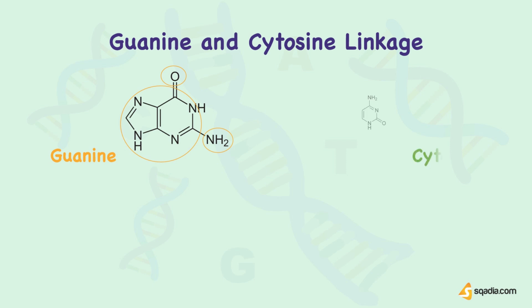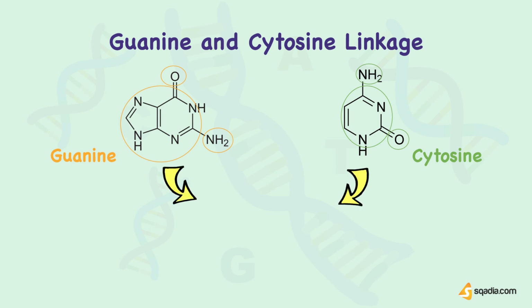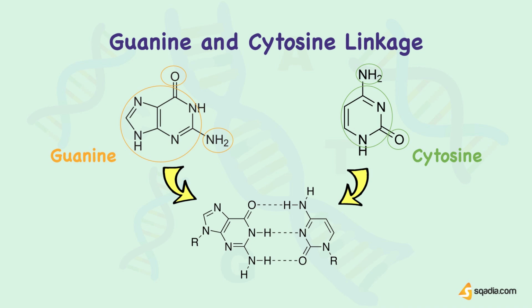Guanine is supposed to bond with cytosine, so let us look at its structure as well. Here is the pyrimidine ring and there is a methyl group and oxygen attached. Now guanine and cytosine make 3 cross-linkages with each other, at these 3 points.